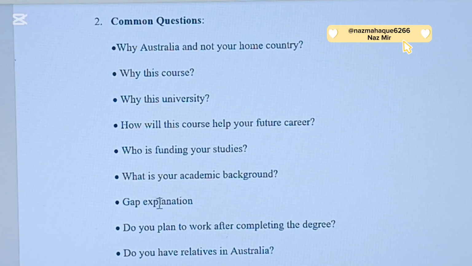So you need to explain the gap if you have any. And for those students, they also need to include a gap explanation letter. I will make a separate video about the gap explanation letter, but you need to know that if you have any gap, they will focus on this topic more. These are the very common questions that they will ask you.